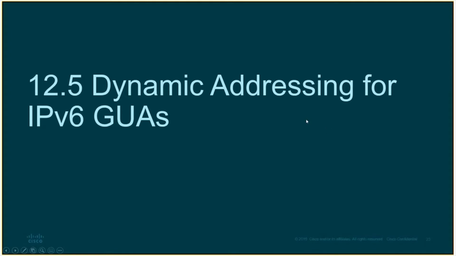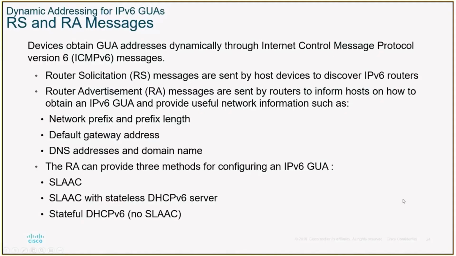All right, dynamic addressing. Now this is somewhere that IPv6 is much better than IPv4. Devices obtain global unicast addresses dynamically through ICMP version 6. Now, I think we might have mentioned these briefly before. Router solicitation and router advertisement messages are used.